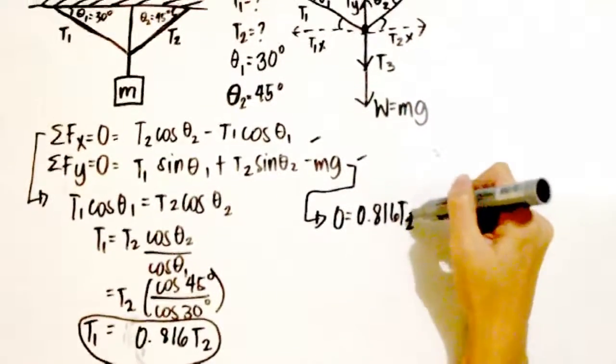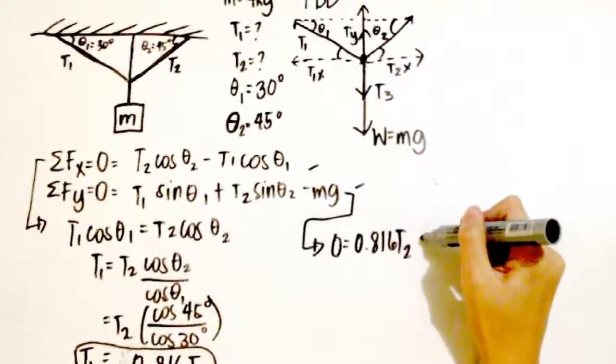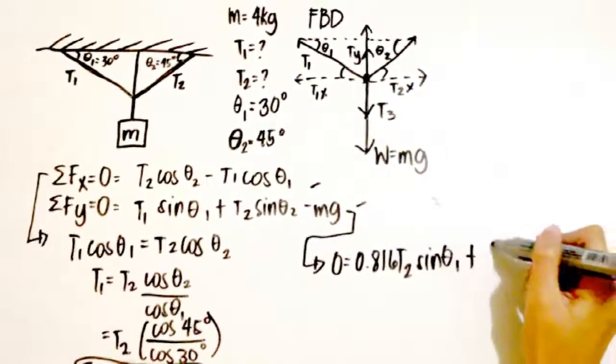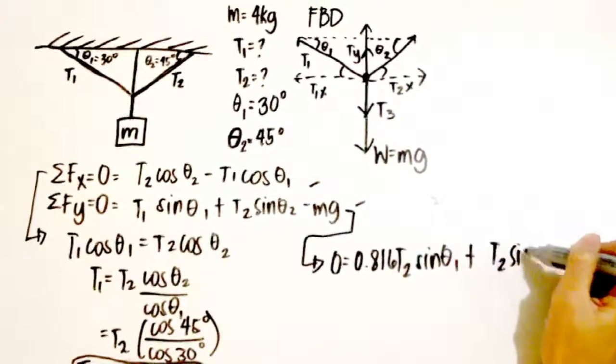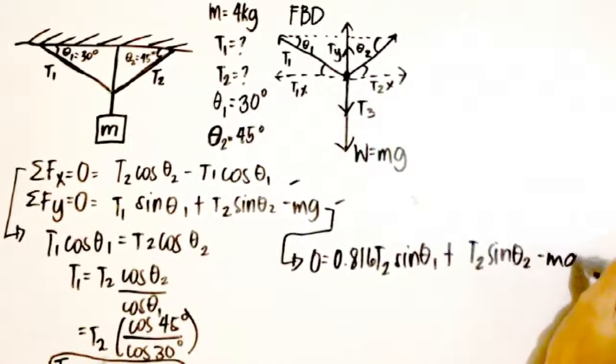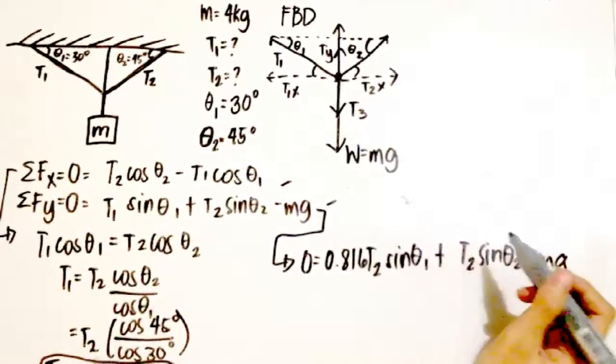So let's put that, then multiply to sine theta 1 plus T2 sine theta 2 minus mass times gravity.